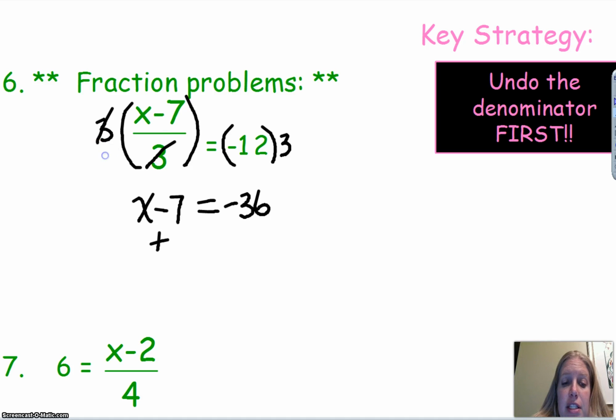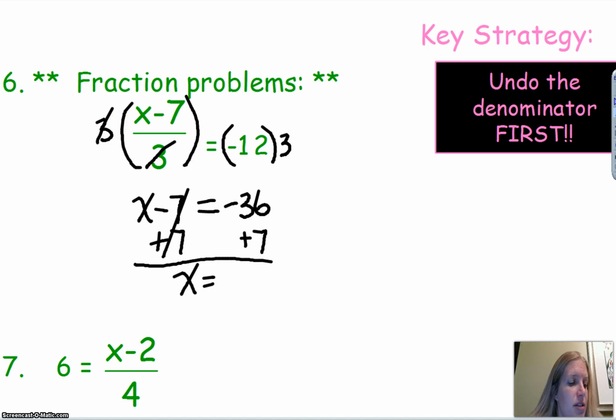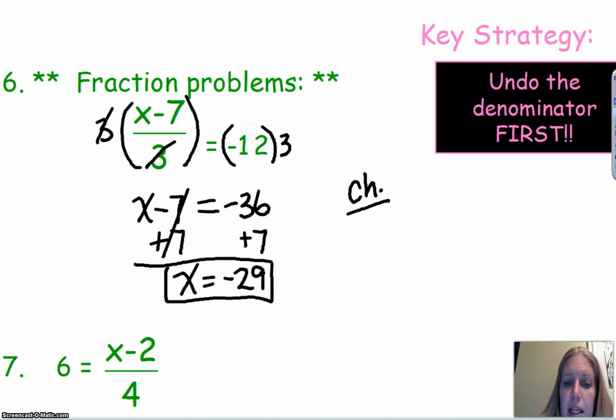Okay, I add 7 to both sides. X equals negative 36 plus 7, which will be negative 29. To do my check, I plug it in.